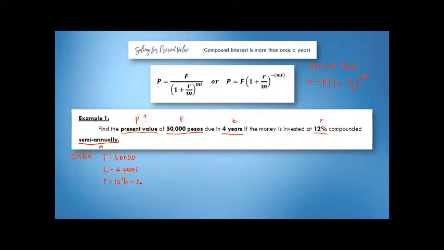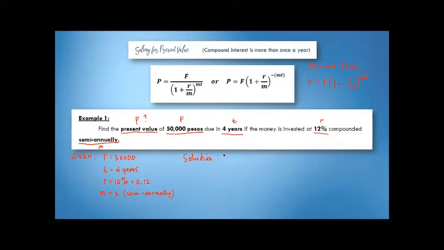Converted to decimal, that is 0.12. Then we have the compounding period of 2 because it is semi-annually. So we're looking for the value of present value. So isa lang ang pinapahanap, so we have a single solution.